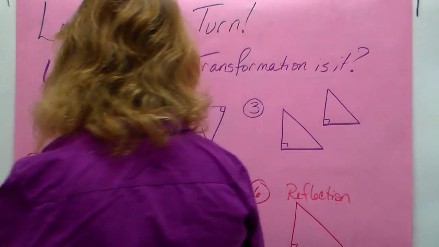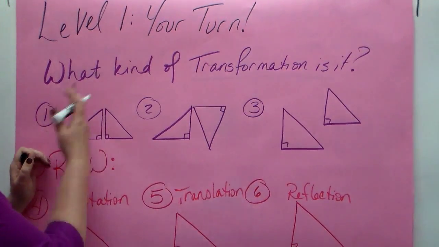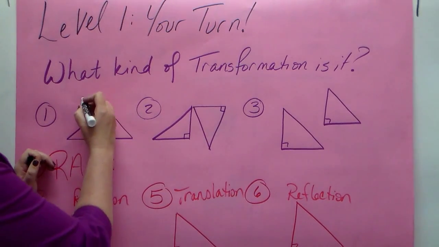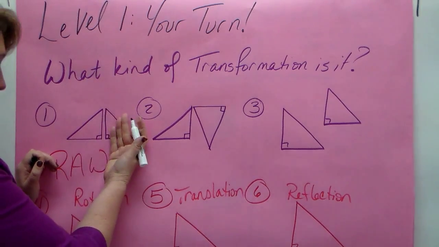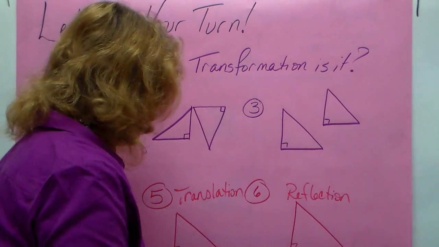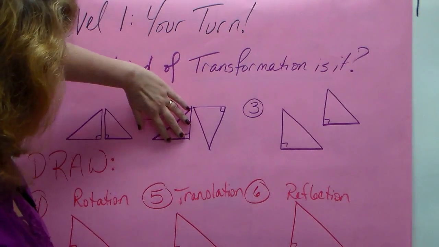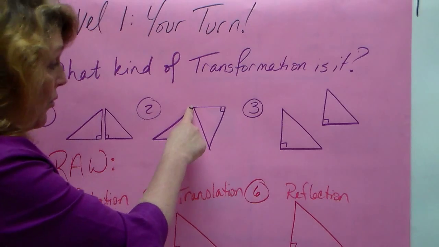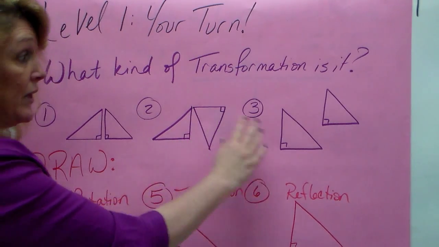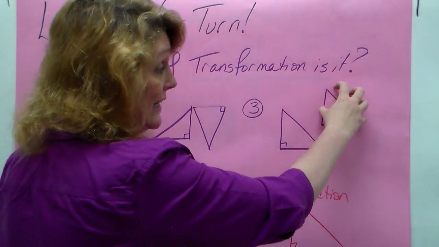Okay, so this one we flipped over some imaginary line, so this is a reflection. This one, we took it and we turned this whole triangle around this point. So this is a rotation. This one, we took the triangle and slid it.